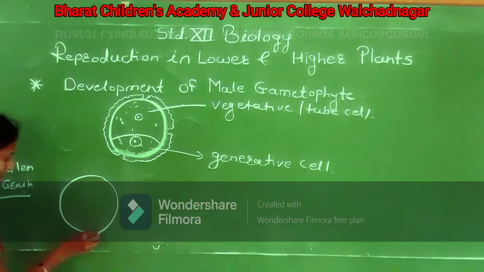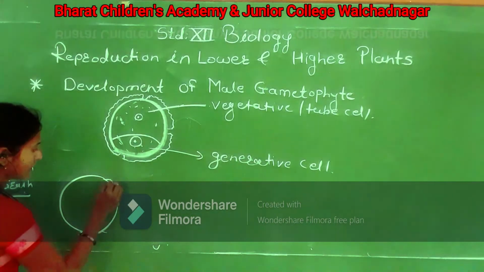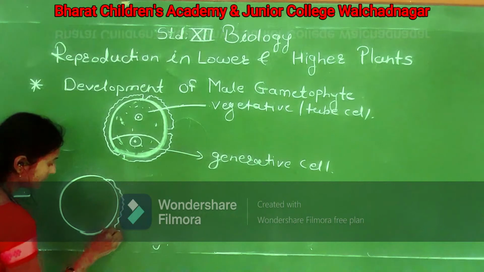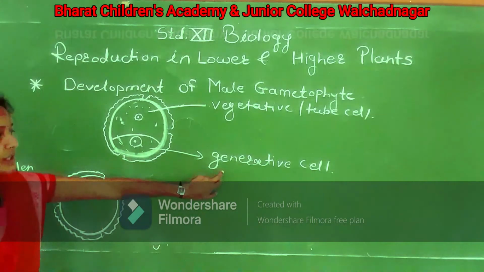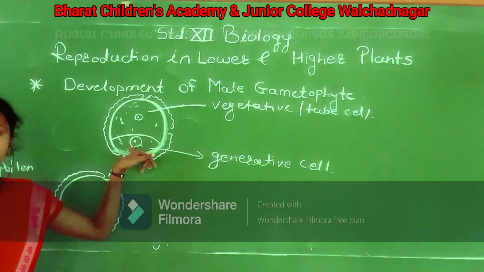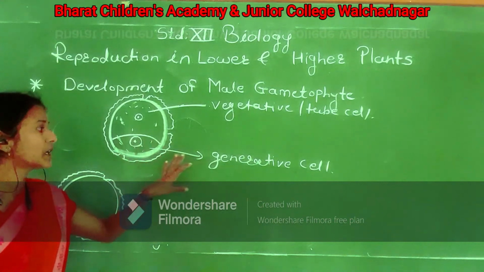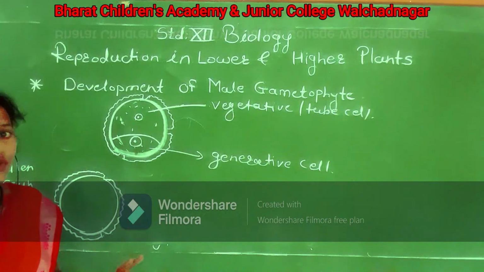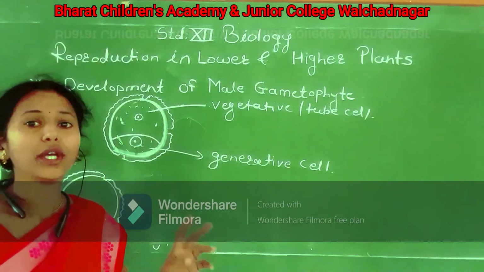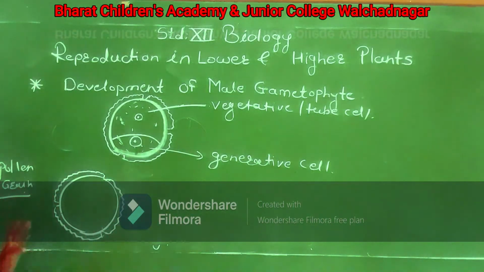In the generative cell, one nucleus is present and this nucleus again follows mitotic division and produces two haploid non-motile male gametes.